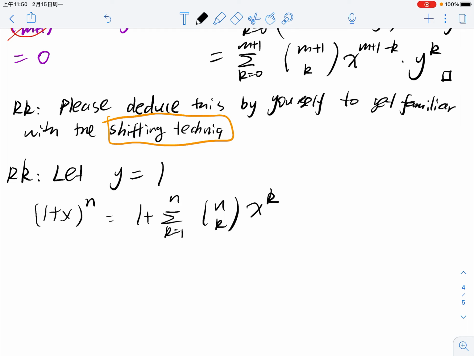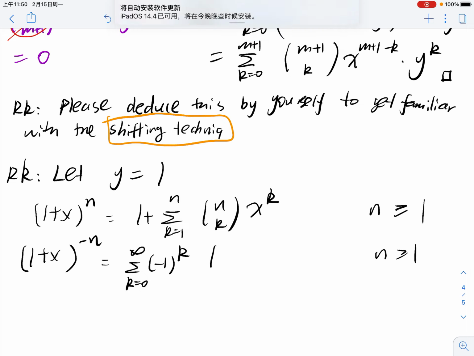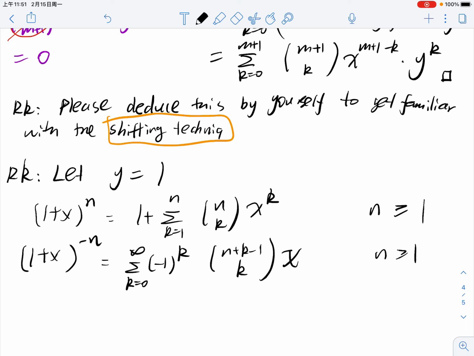And if you learned Taylor expansion before, then you have a more general formula, even for, so here n is greater than or equal to 1, for instance. And we can also do this for negative integers. So this is negative 1 to k's power, k from 0 to infinity, m plus k minus 1 choose k times x to k's power.